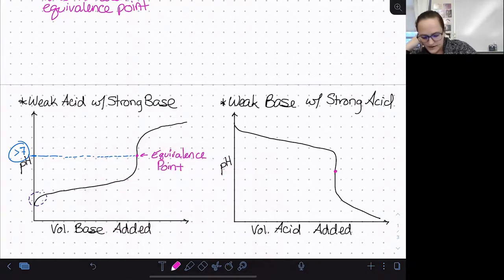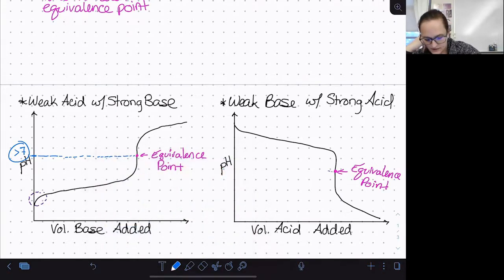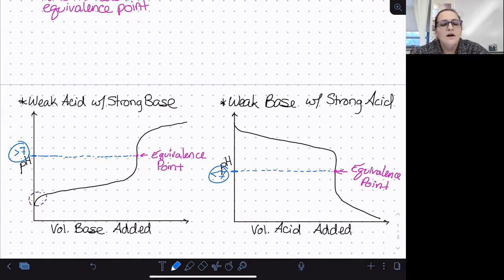So we've got our equivalence point here, and the pH at the equivalence point for this combination is going to be somewhat less than 7.